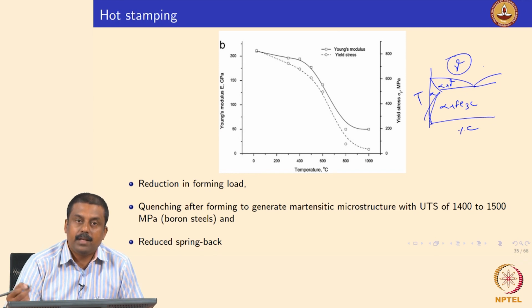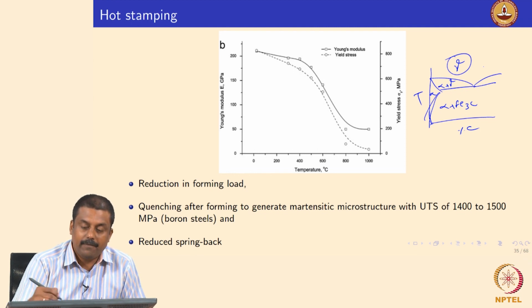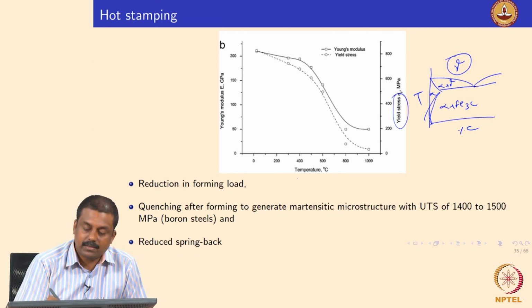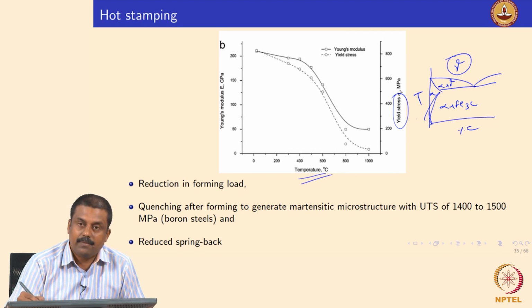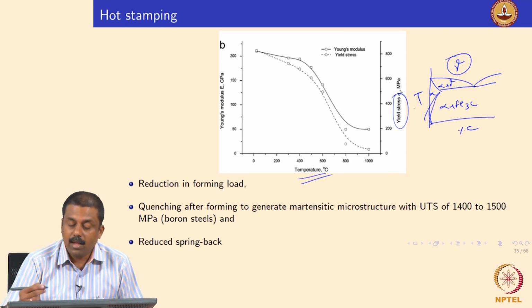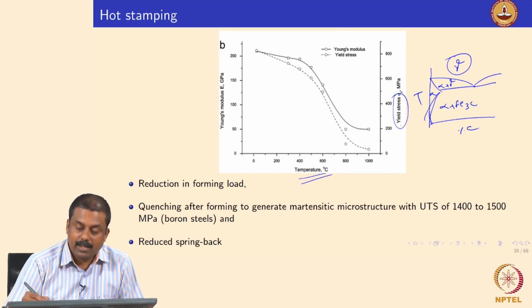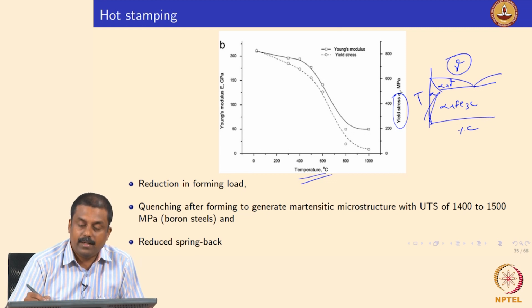Because the material softens significantly when the temperature increases. In this slide, I showed you a graph from one of our works, which shows Young's modulus and yield stress as a function of temperature. What is yield stress here? It is the onset of plastic deformation, the stress above which plastic deformation initiates. If you look at this graph, by increasing temperature, the yield stress decreases significantly.